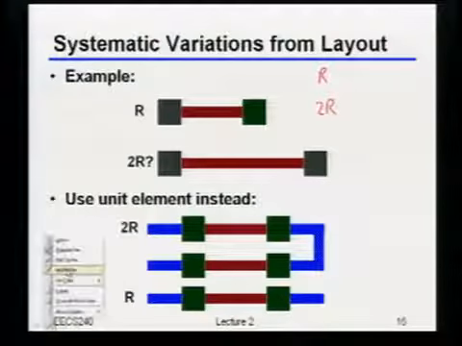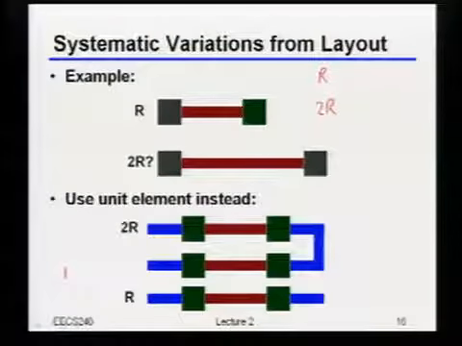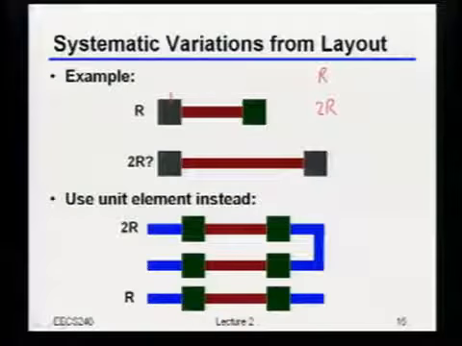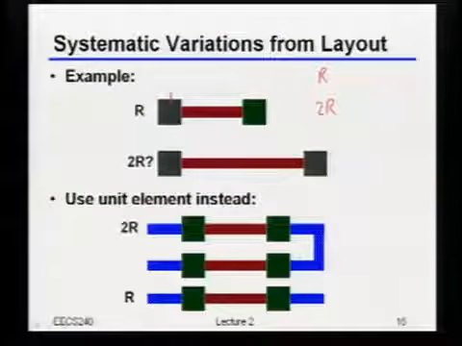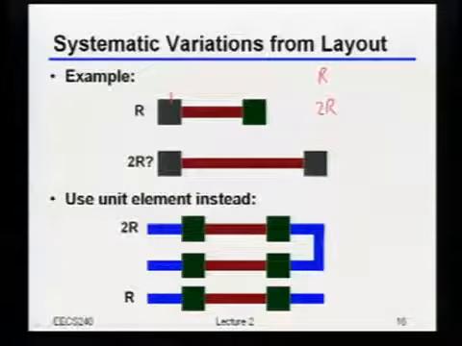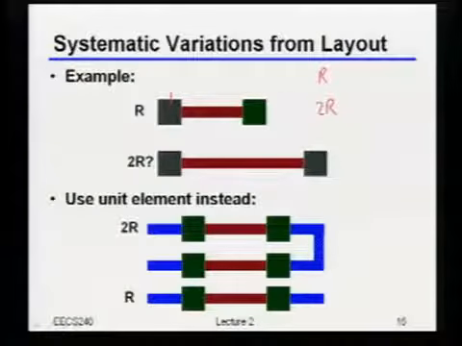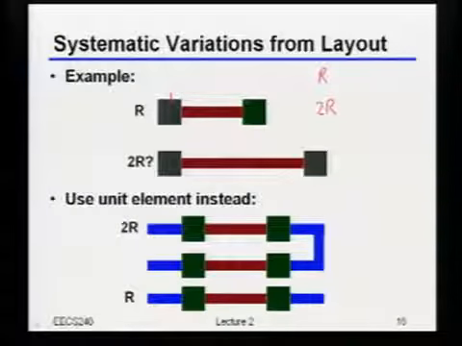So just say, okay, well, I have some R per square. So this will give me my R. And then I'll just double the number of squares. And that'll give me 2R. So, obviously, since I put the question mark and since I'm asking the question, it's not really going to give you 2R. So, why not? What's wrong?